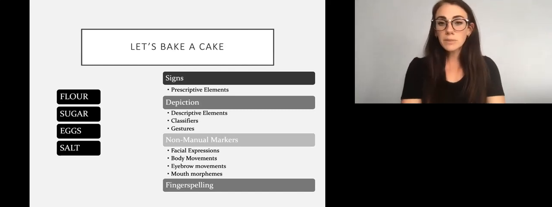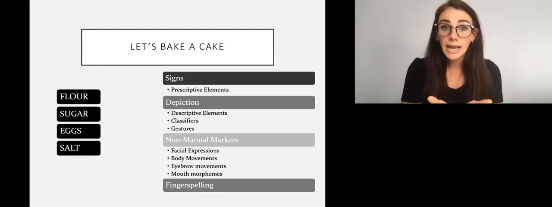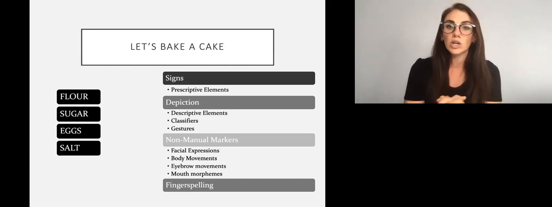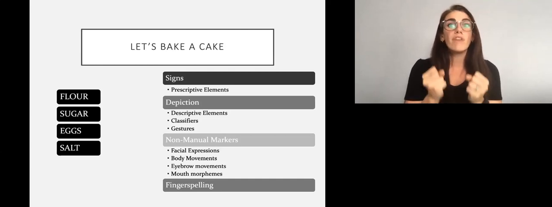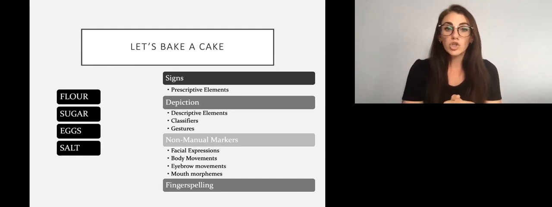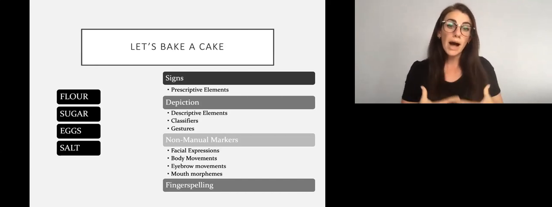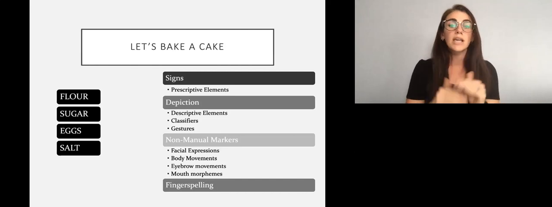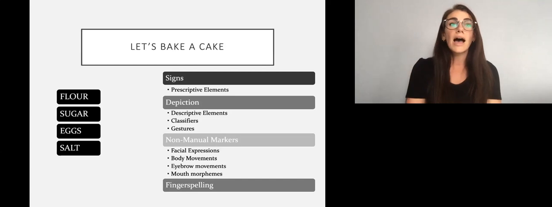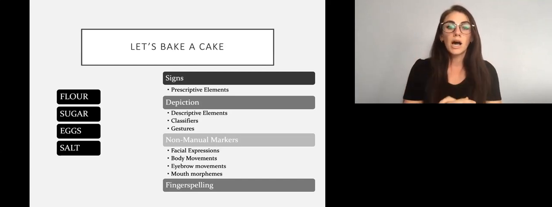But depiction is something that is unique to ASL. It's not something that we necessarily have in other languages and is very important, okay? Then we have non-manual markers, also very important. When it comes to communication, even spoken communication, our body language, our facial expressions, and the way we inflect or intonate what we say holds a lot of meaning. You all can even understand this if you look at your text threads and you get that K in a text thread.